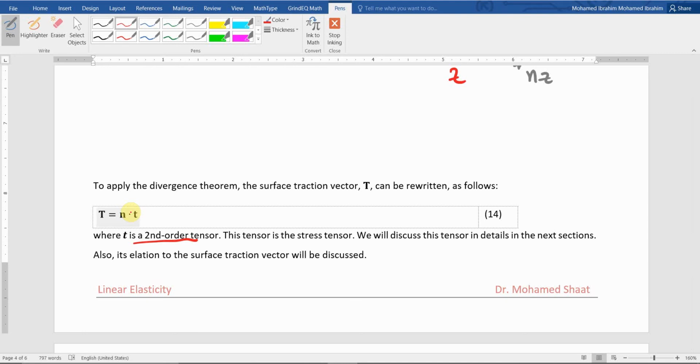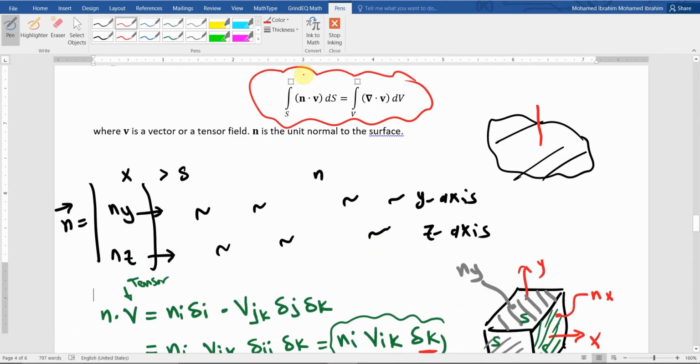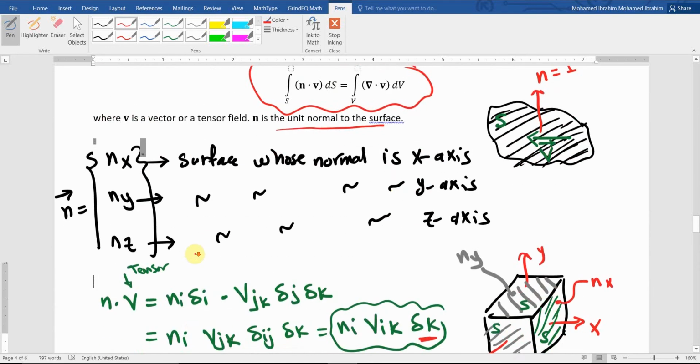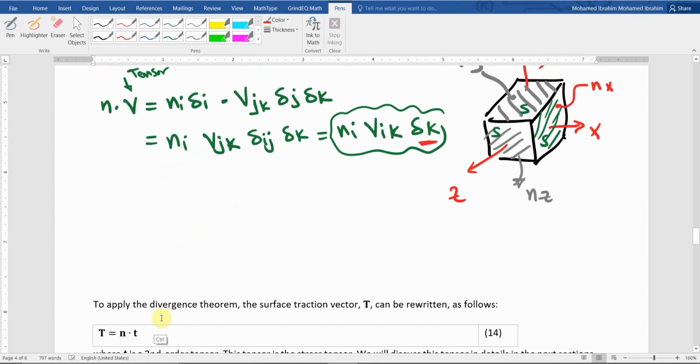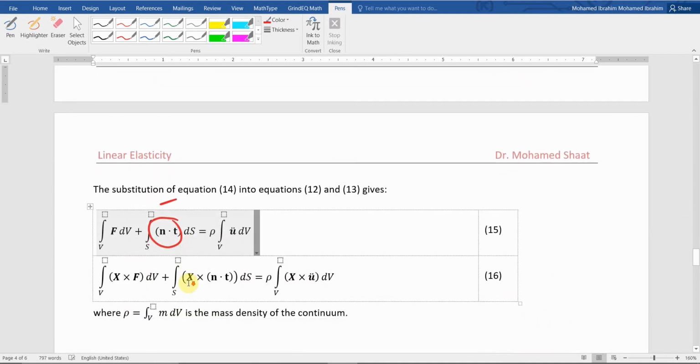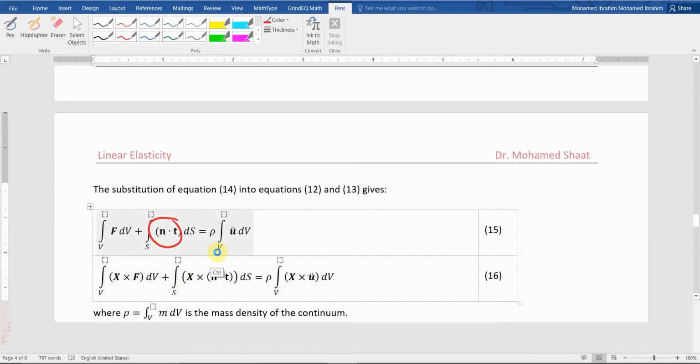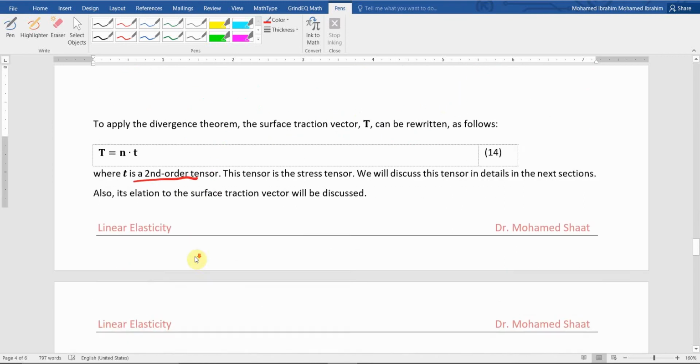So I'm just going to substitute this term into the previous two equations, and we end up with these two equations in this form. I just replaced these two terms, which were t, with n dot t as we demonstrated here. Make sense? All right.